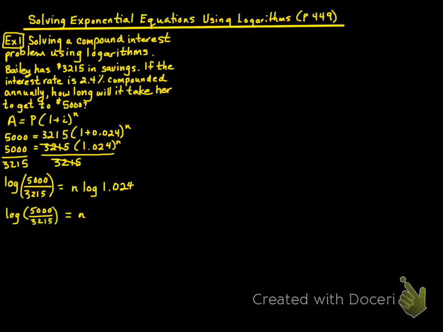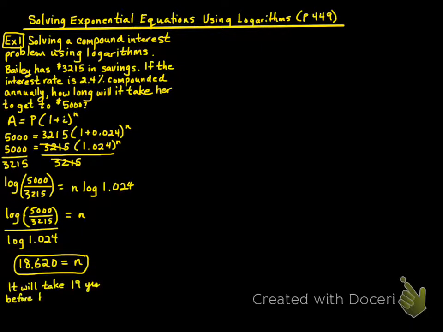And now we can divide both sides by the log of 1.024. And using our calculators, you can plug all that in and you'll find that n is equal to 18.620. It's going to take 19 years for her balance to be $5,000 if the interest rate is 2.4% compounded annually.